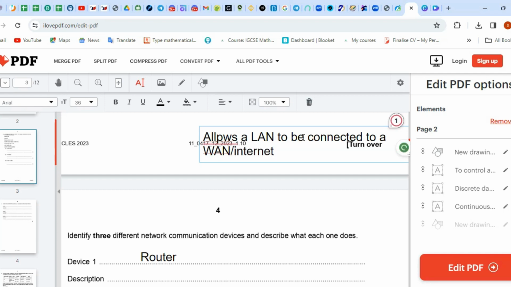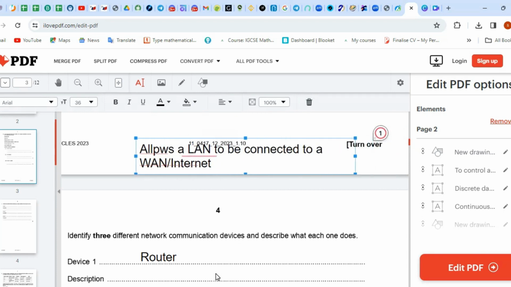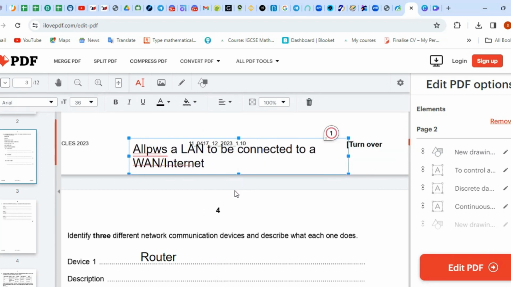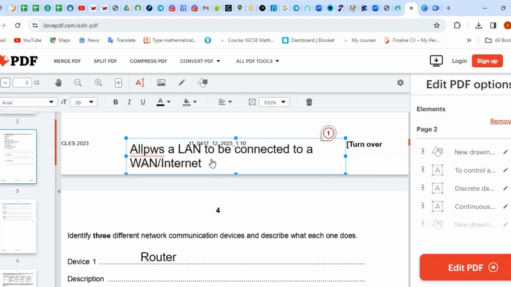That is the work of a router. So that answers the question of describing what each does. All we need to do is to bring it down to where we want it.